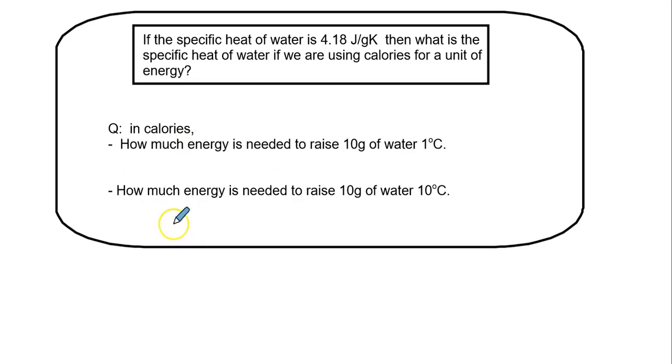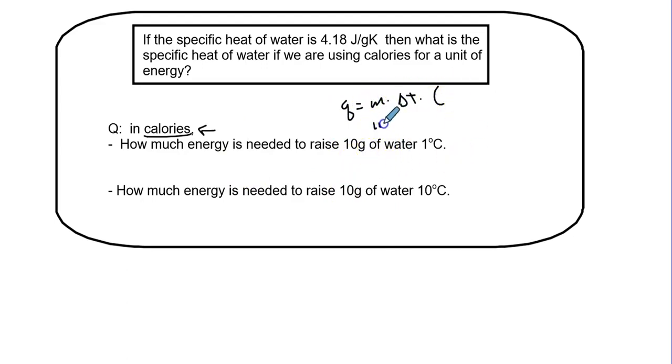All right, in calories, how much energy is needed? You've got two problems here, so pause the video and try them out. How much energy is needed to raise 10 grams of water 1 degree, in calories? Calories are an important piece here, because the only time I really see calories used is in something like this, where it's easy to do with mental math. Q equals mass times change in temperature times specific heat.